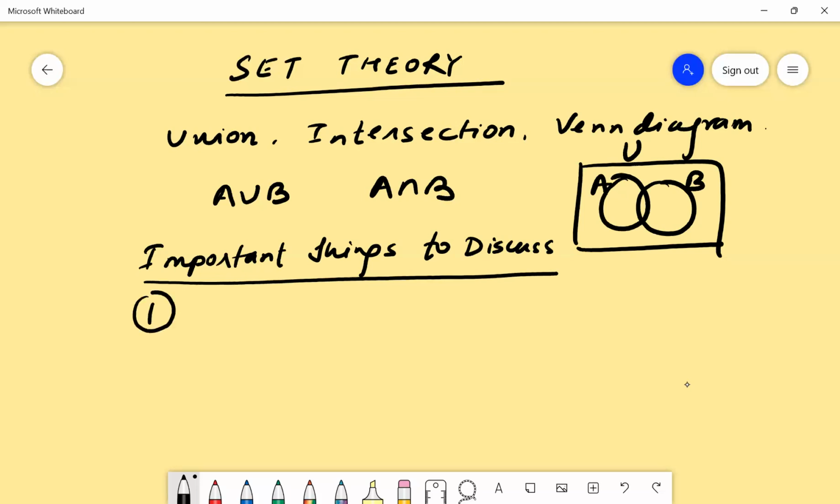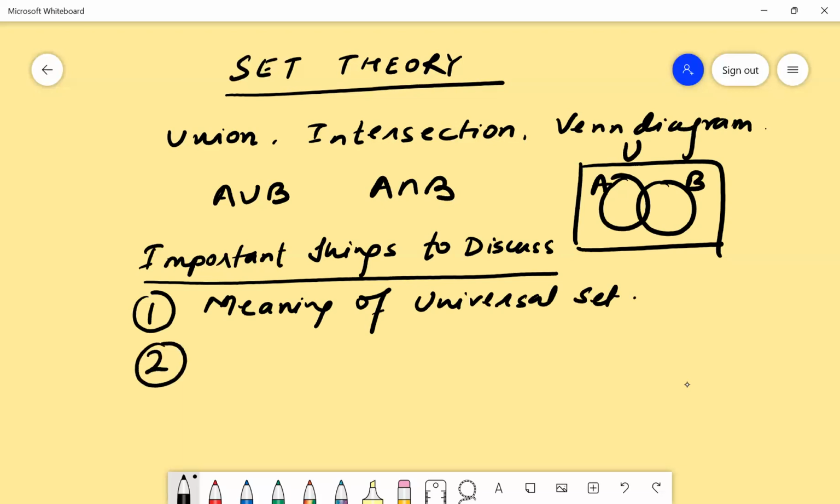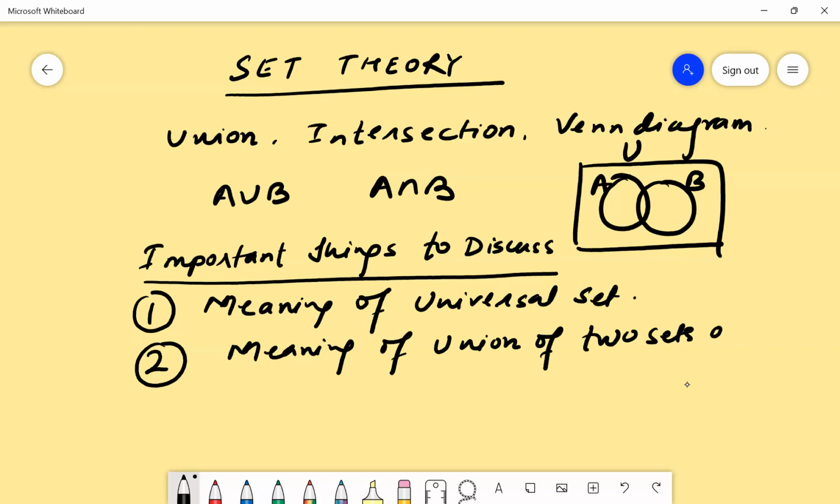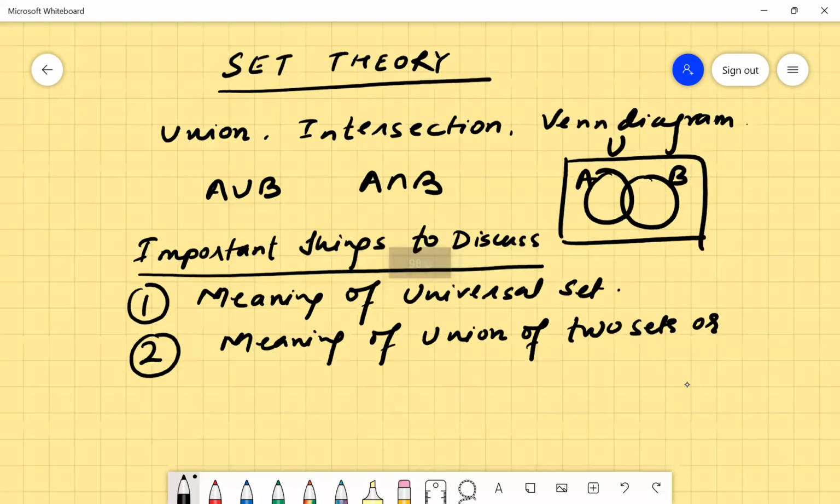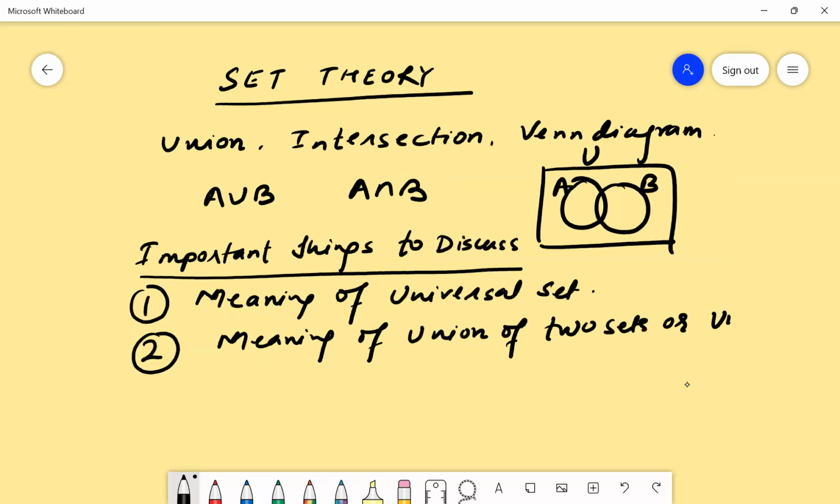First, meaning of universal set. This is important, very meaningful thing. Second, meaning of union of two sets, or I will stretch it up to three sets, or union of three sets.